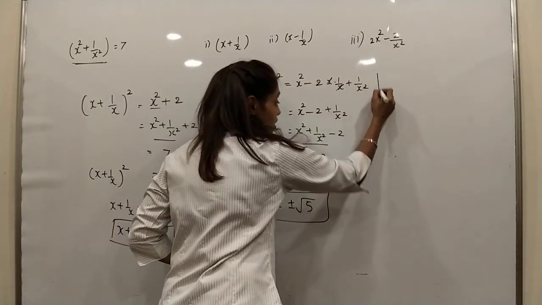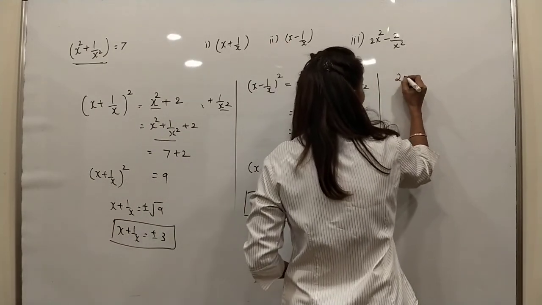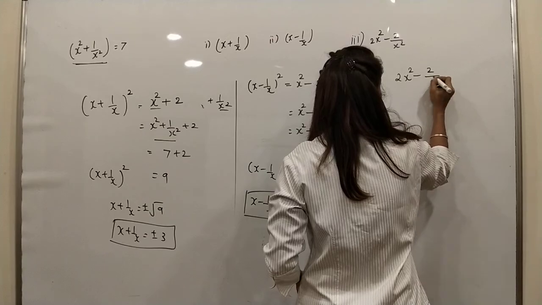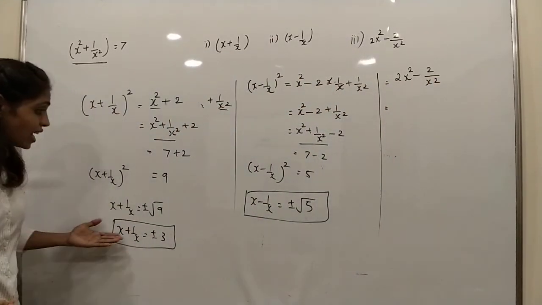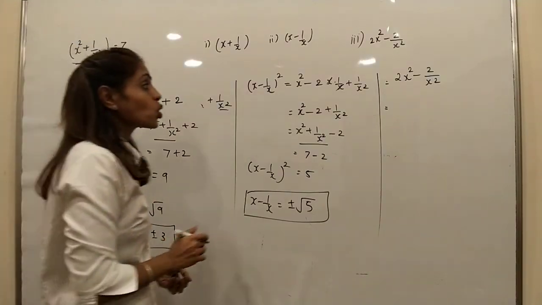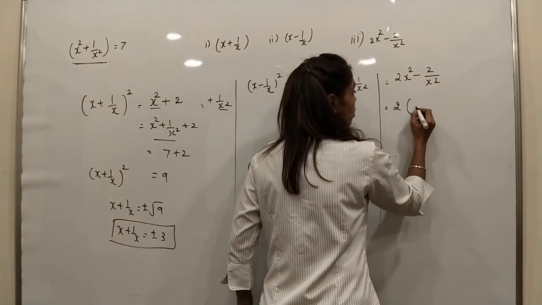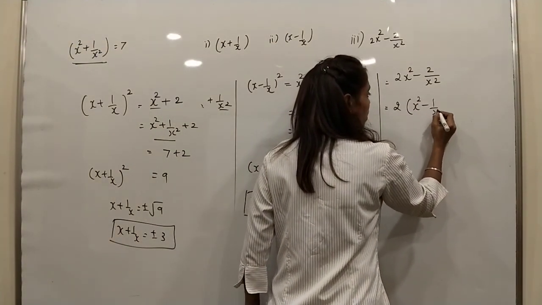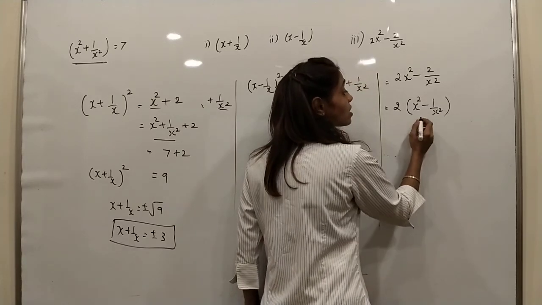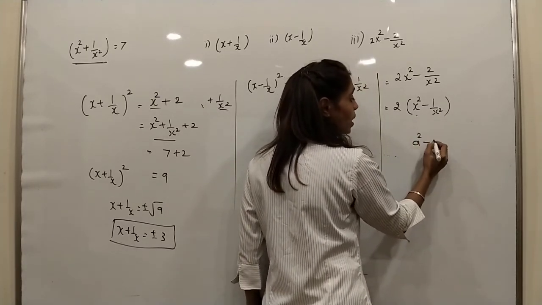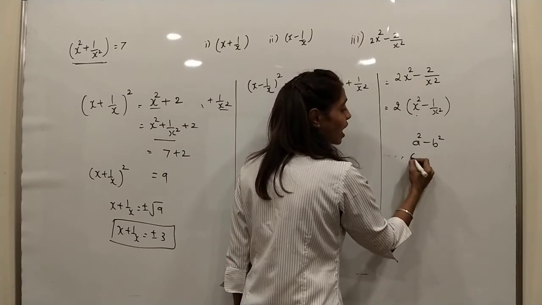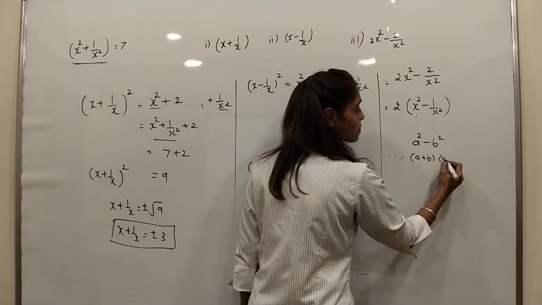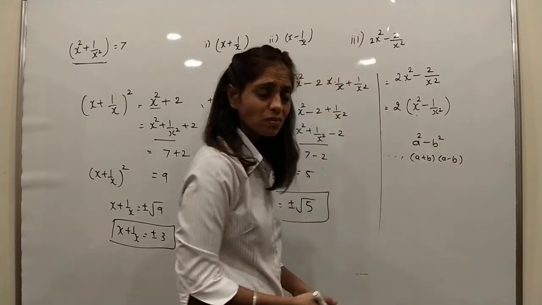Now let's start with the third portion: 2x square minus 2 upon x square. Now 2 is not there in any of the results, so 2 is common. 2 times x square minus 1 upon x square. This is the formula of a square minus b square, which without squares is a plus b, a minus b. Got it?